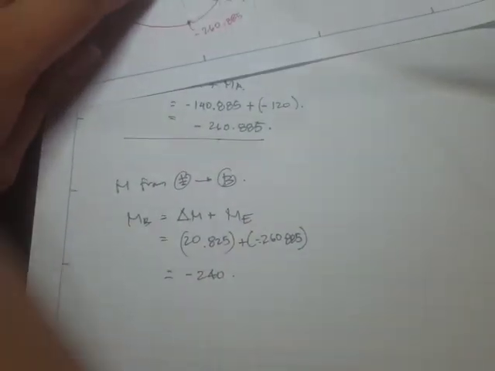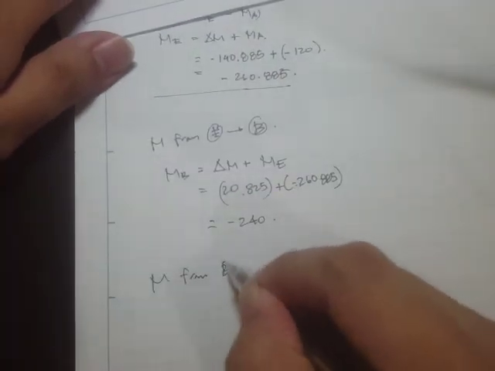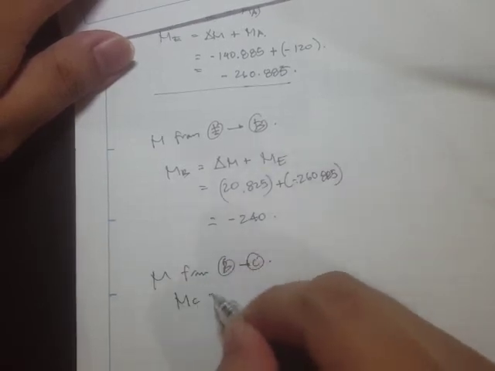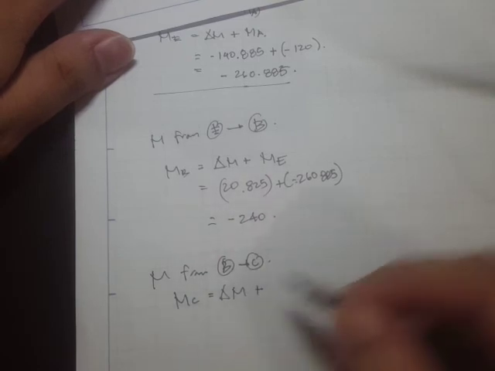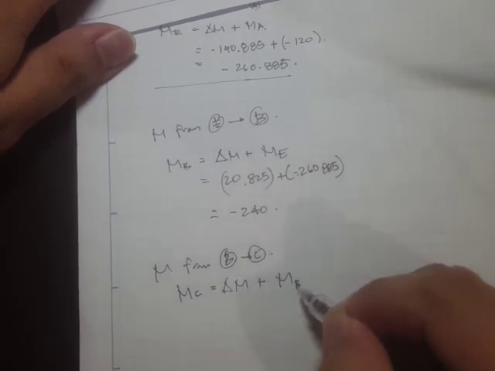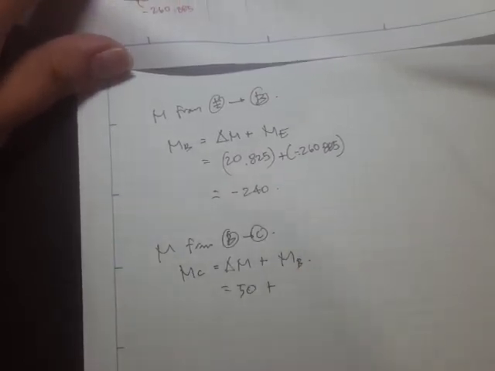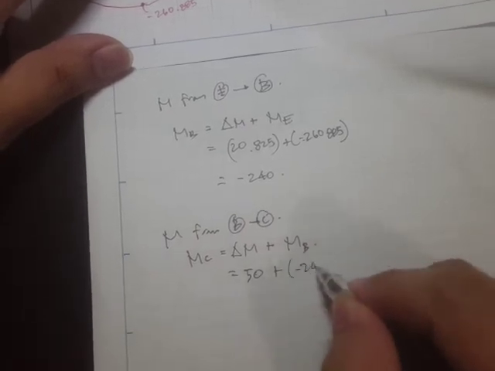So if we do computations again, M from B to C, then M_C would simply be delta M plus M sub B, and delta M is 50, plus minus 240.